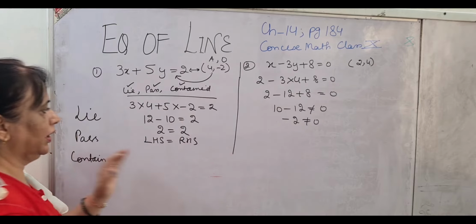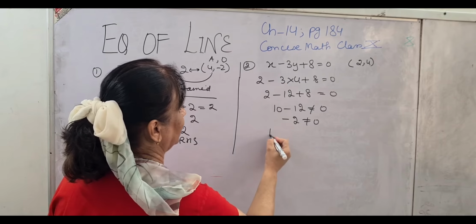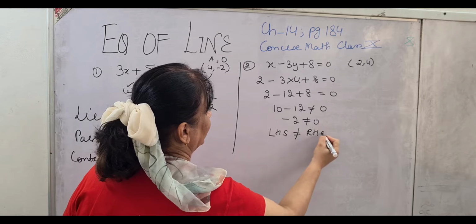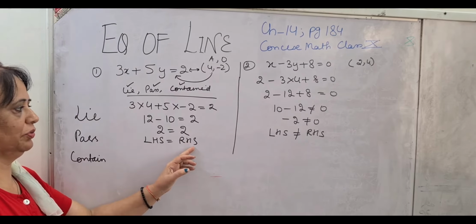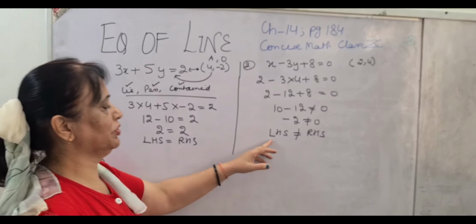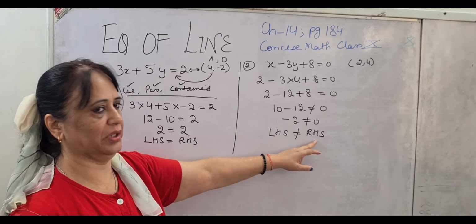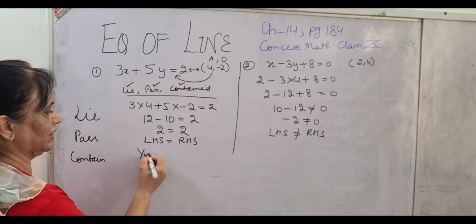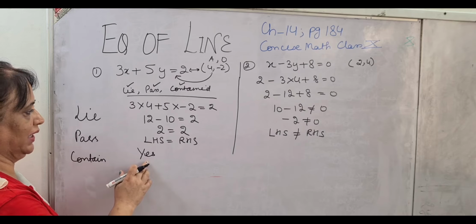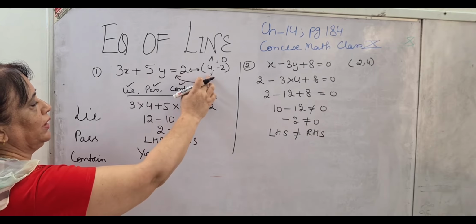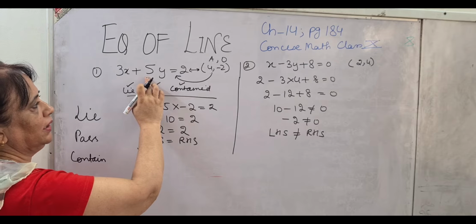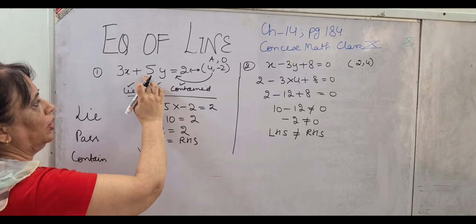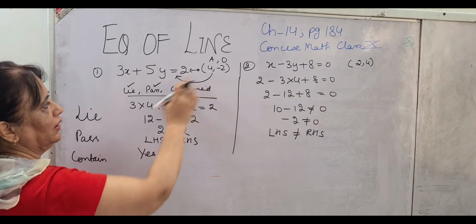Now you see, in both the questions you have something different at the last. In the first question, your left hand side comes equal to right hand side, but in the second question, left hand side does not come equal to right hand side. So in the first, your answer will be, please listen to me carefully, yes, this point lies on the line, this point is contained by the line, or the line passes through the point.